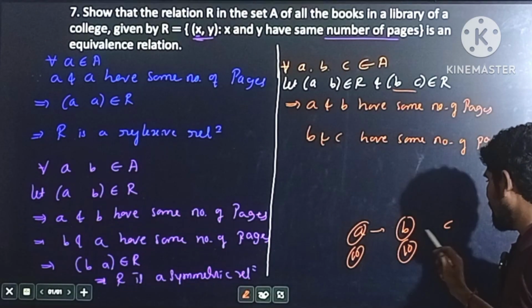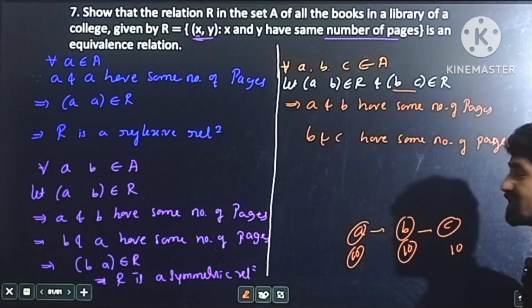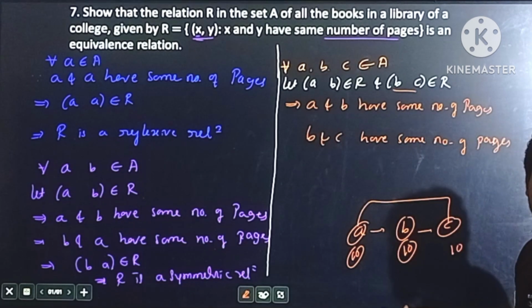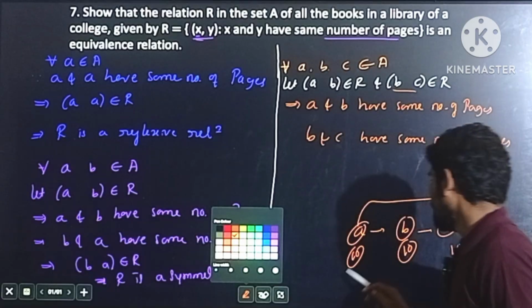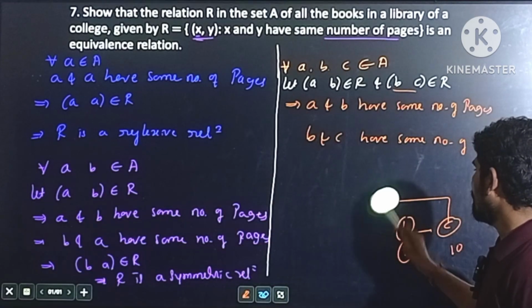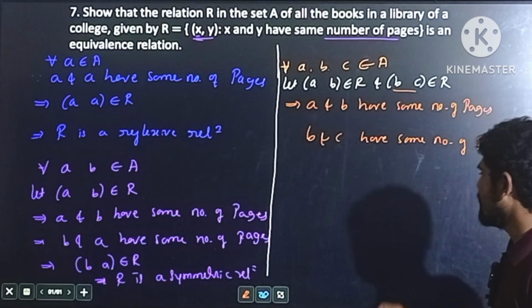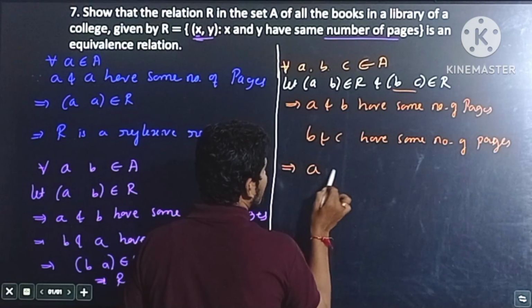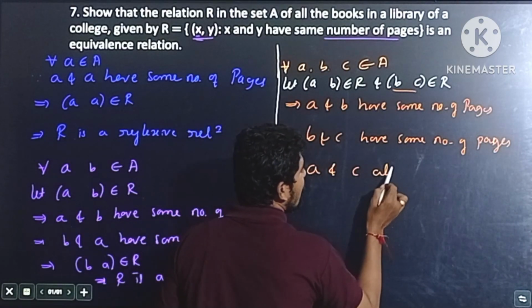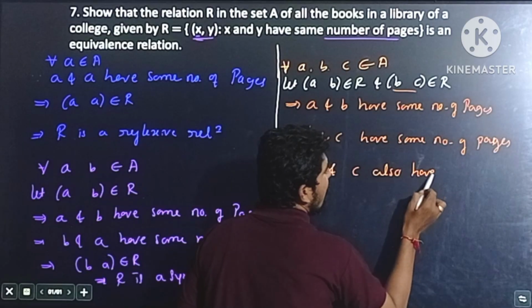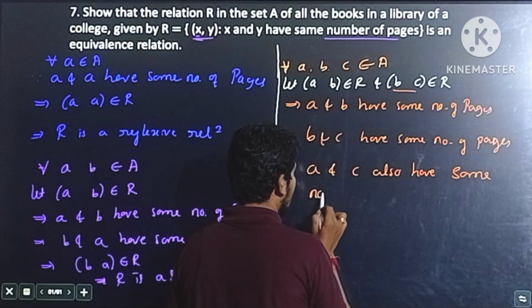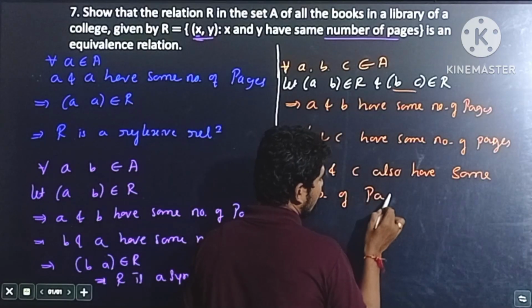And also b and c have the same number of pages, so c also has 10 pages. So definitely a and c also have the same number of pages.